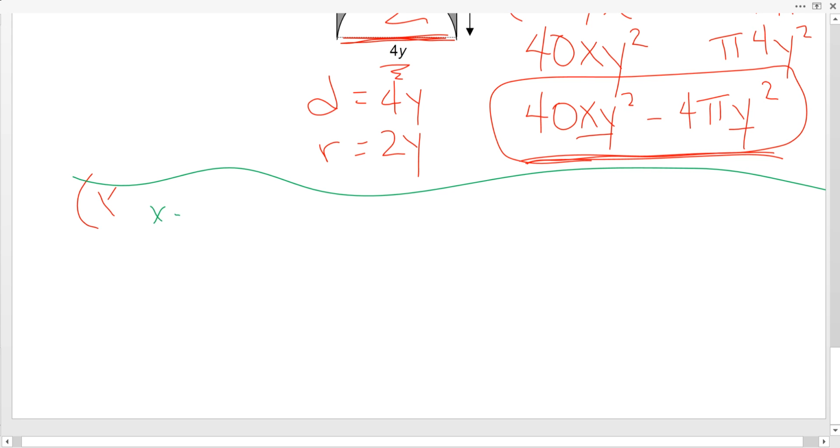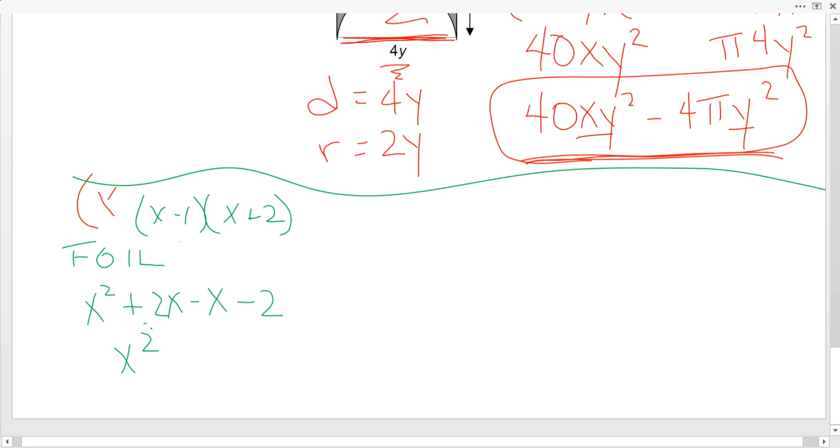If I have x minus 1, x plus 2, I can say FOIL, which means I do x times x, which is x squared, outer, which is x times 2, which is 2x, inner, which is negative 1 times x, which is minus x, and last, which is negative 1 times 2, which is minus 2. Combine, and I get x squared plus x minus 2.